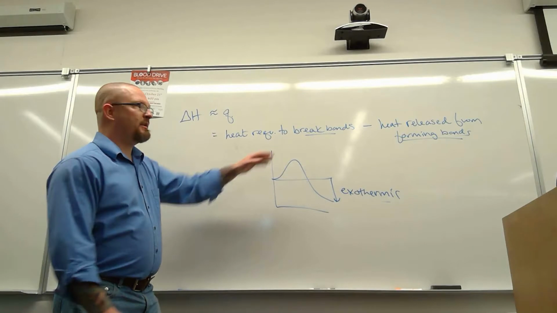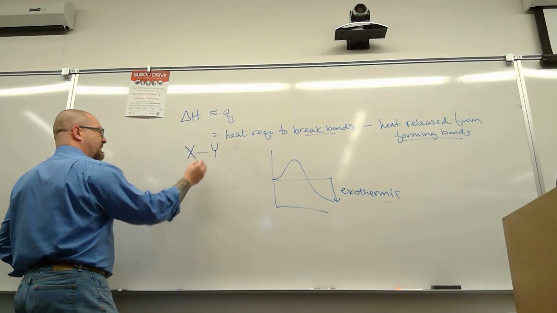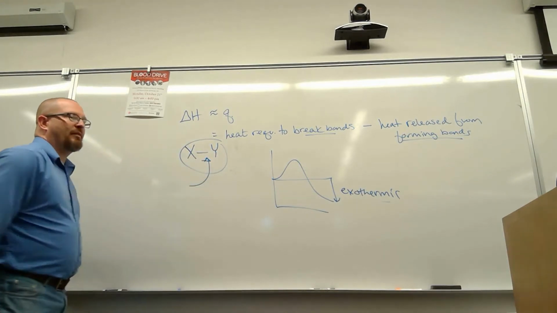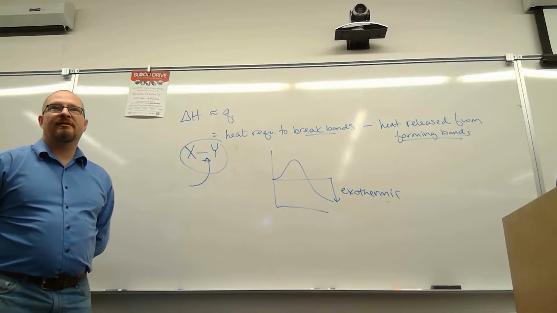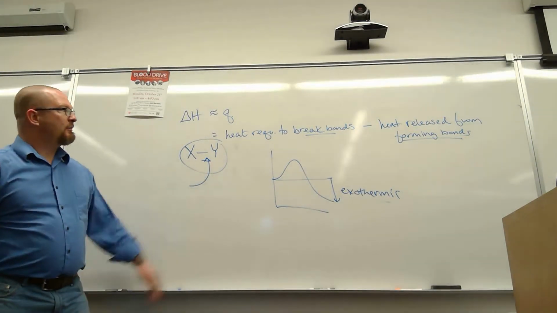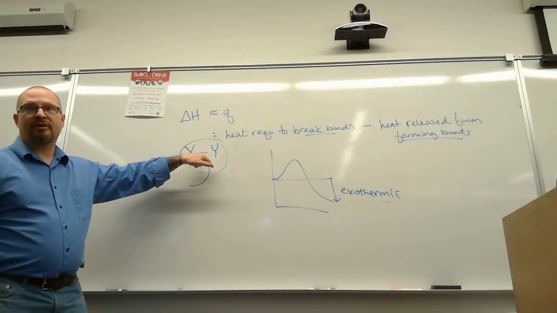Anytime you break a bond between two things, you have to put energy into breaking that bond. Energy is required to break it. It will require heat to break a bond.